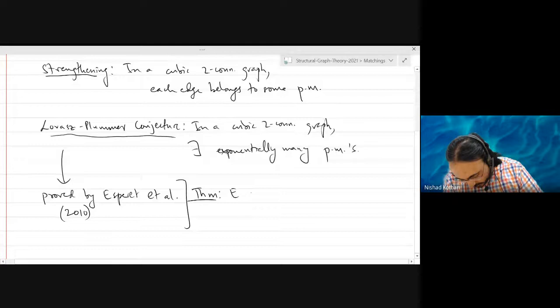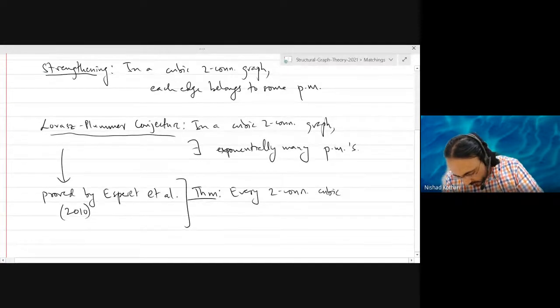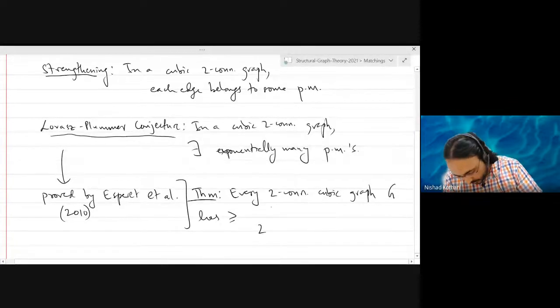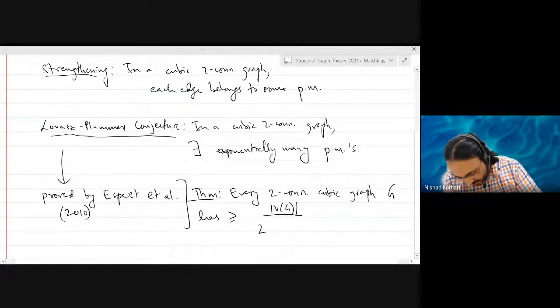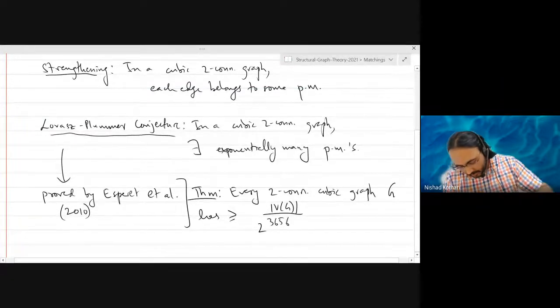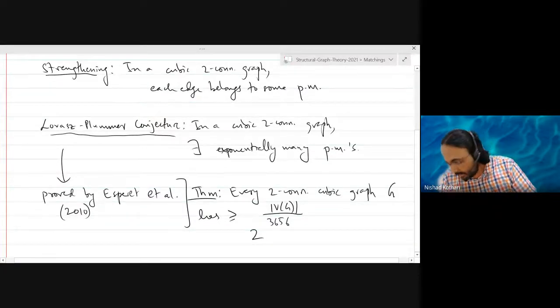Every two connected cubic graph G has at least, and this is where it gets weird, the exponent is not an easy one, at least 2 to the power of the number of vertices divided by this huge number, perfect matchings.